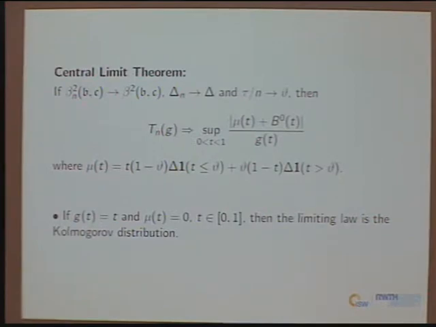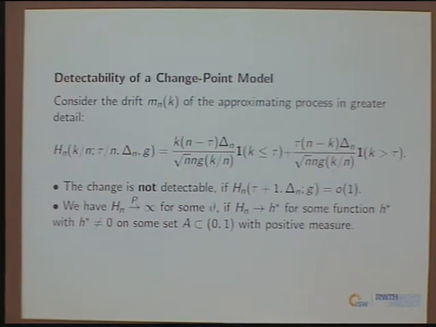Provided that these quantities give the right asymptotic variances and covariances between the martingales, and therefore also between the statistics themselves, then we can also have a central limit theorem, so this is quite nice. And here you see then the asymptotic expression of the drift term.